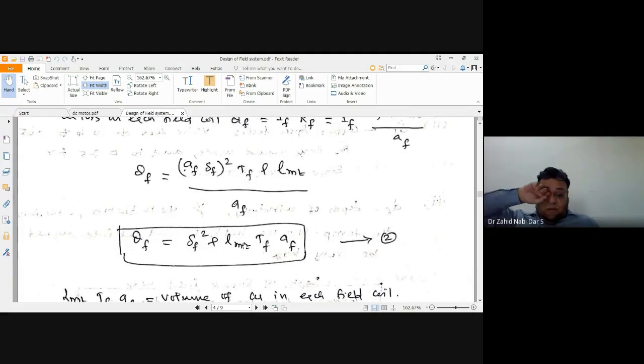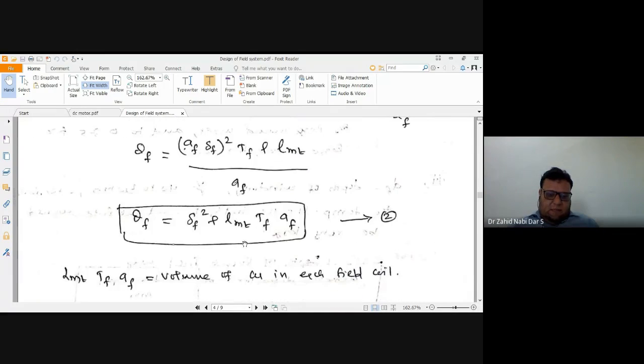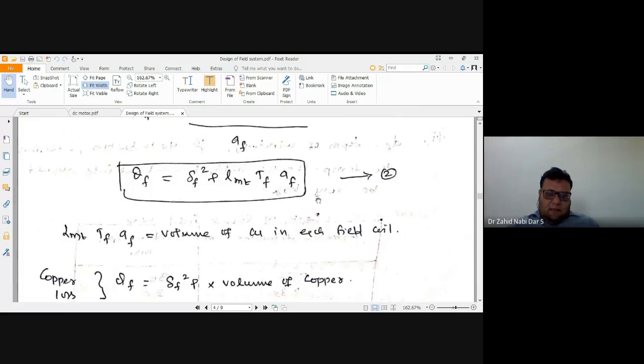Now what you are interested in is, if your length of mean turn increases, what will happen? The length of mean turn is directly proportional to the copper loss. Your length of mean turn, number of turns and area will give you the volume of copper in each field coil, because area into length gives volume: area is in meter square, length is in meter, so this is meter cube.